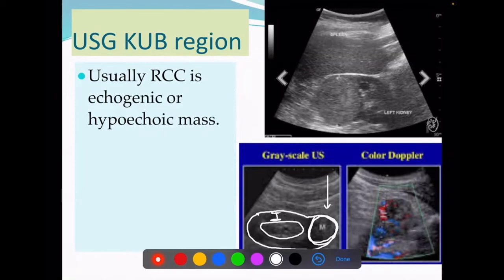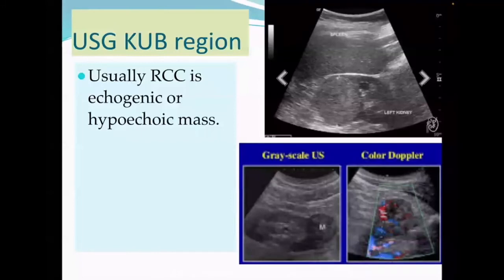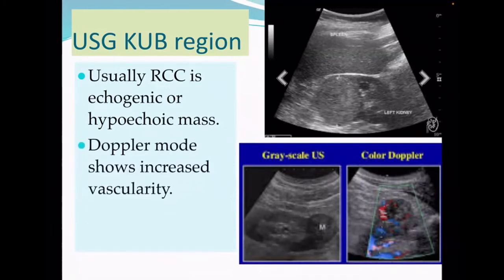Cancers are usually highly vascular. So here you can see the vascularity is increased, especially at that tumor area. So we can guess this could be malignancy. This is a very cost-effective investigation, but it's not a good investigation because it can miss some smaller tumors, and we cannot say whether it is malignant or not.